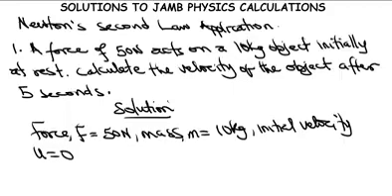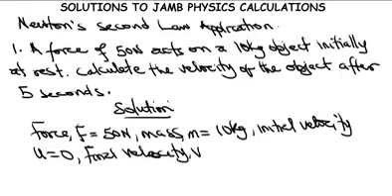Then calculate the velocity of the object after the time. That means we want to calculate the final velocity V, and V is unknown. The time T is given as 5 seconds.